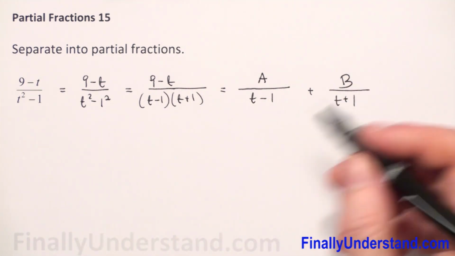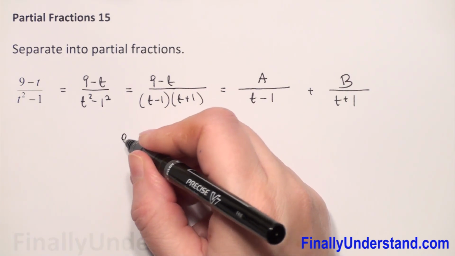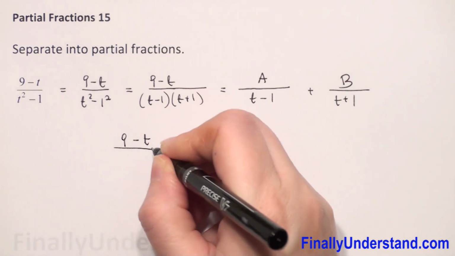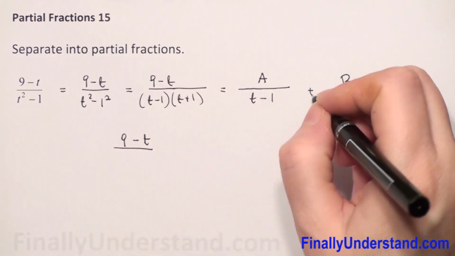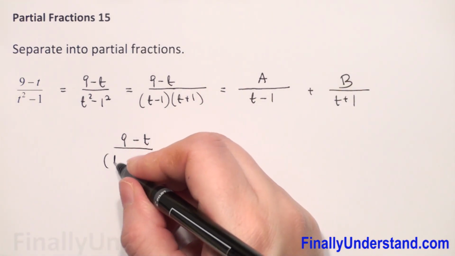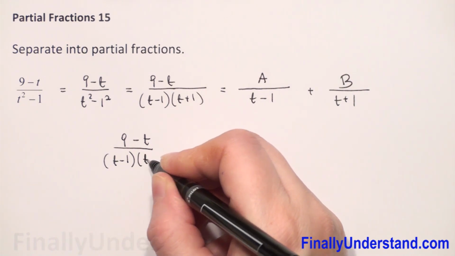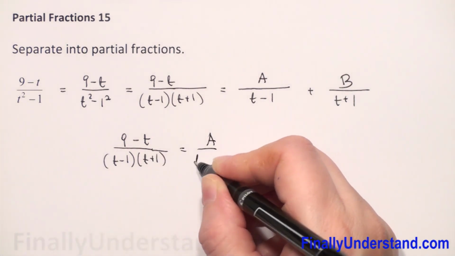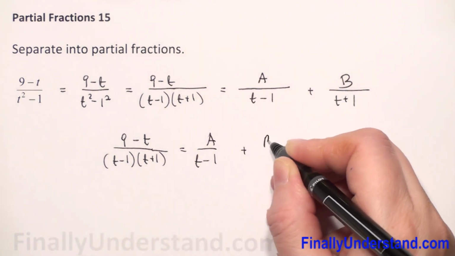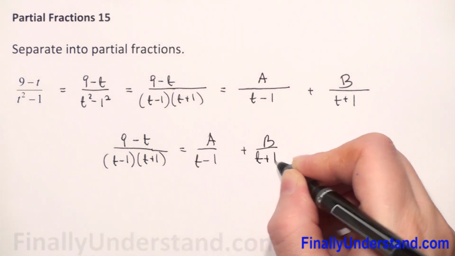How do we do this? Let me copy our last two terms. So t minus 1 times t plus 1. This is equal to a over t minus 1 plus b over t plus 1.